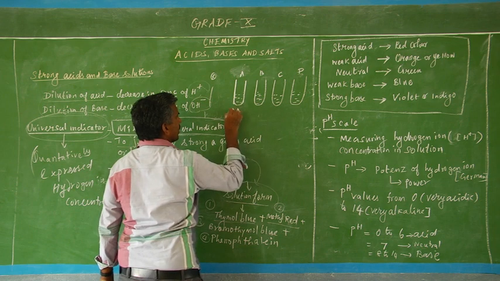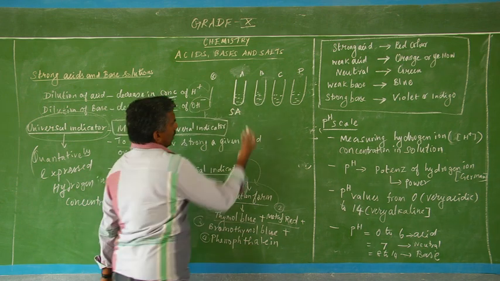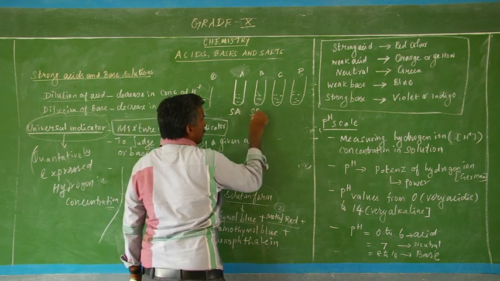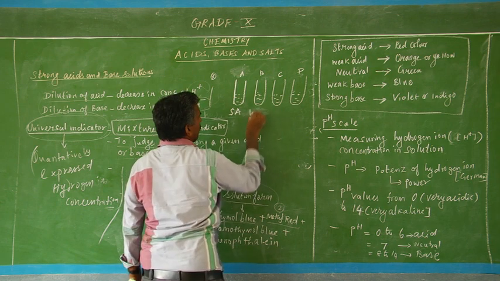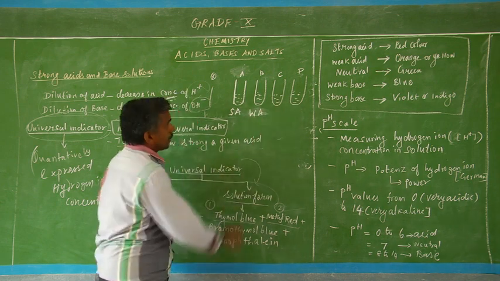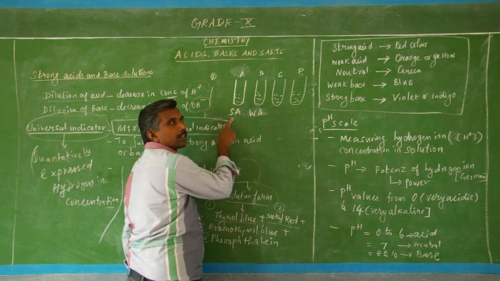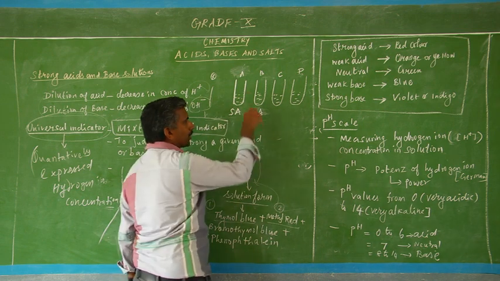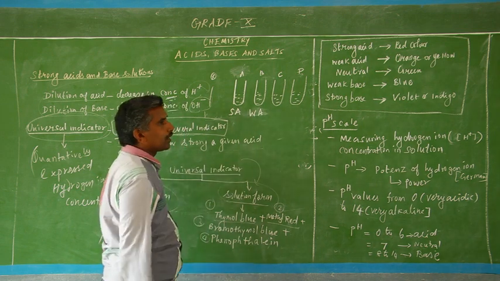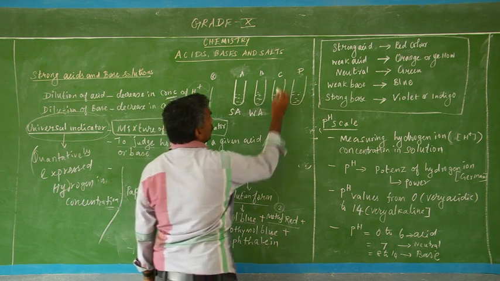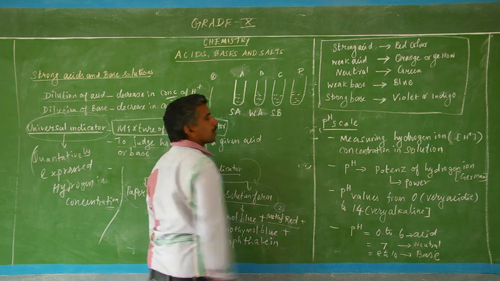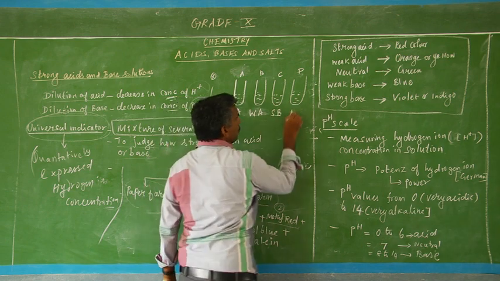Test tube B contains a weak acid, WA. Test tube C contains a strong base, and test tube D contains a weak base.